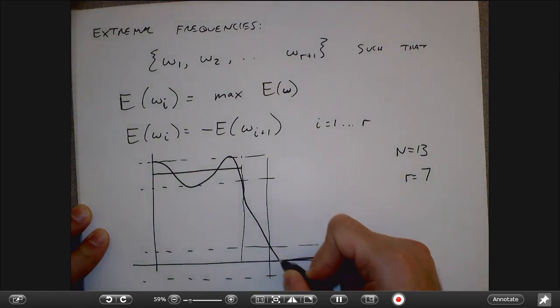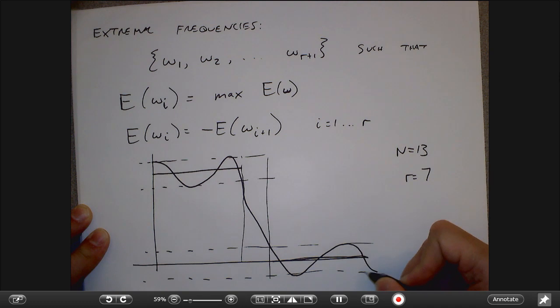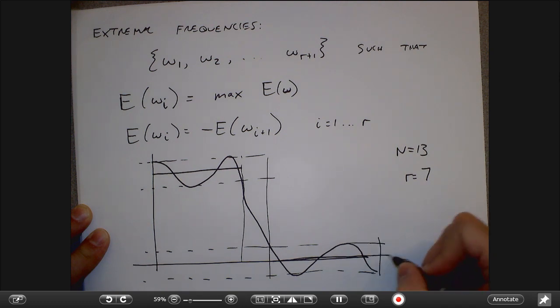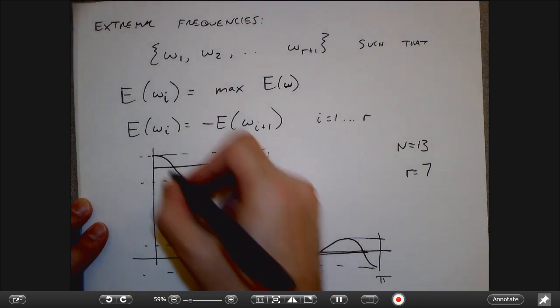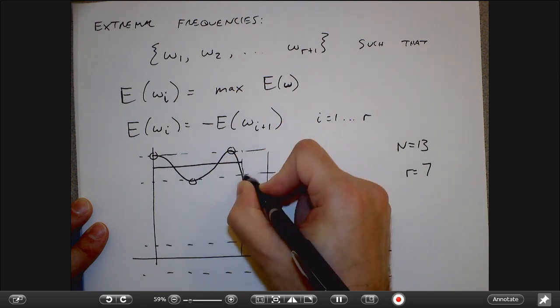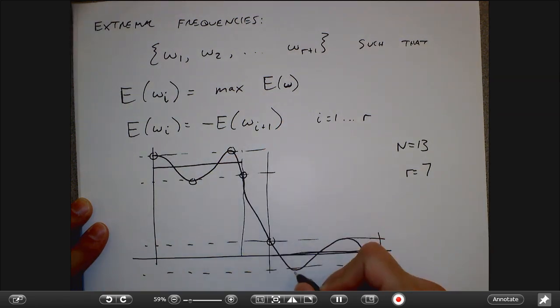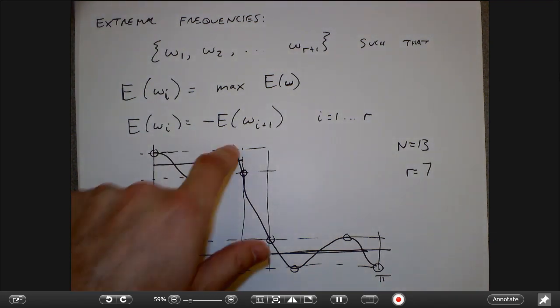Looks kind of crappy the way I drew it. So let's count why this would work, right? This is like saying, how many extremal frequencies do I have? Well, I have 1, 2, 3, 4, 5, 6, 7, 8, right? Because here I have R plus 1, number of cosines plus 1, places where I'm exactly hitting the dotted lines, okay?